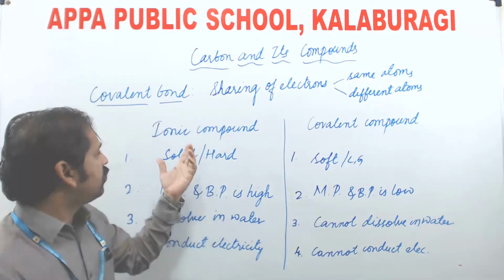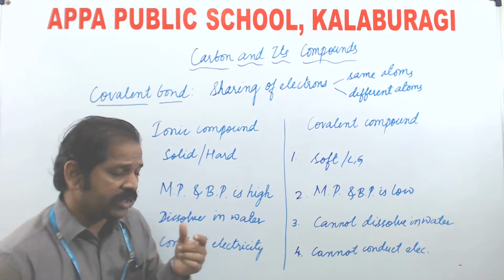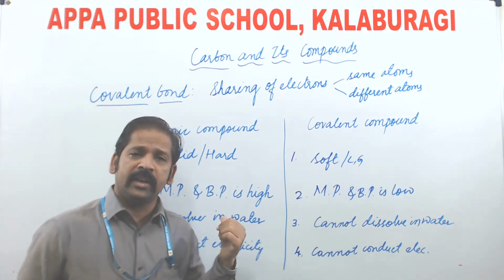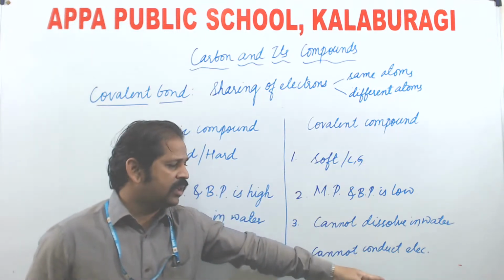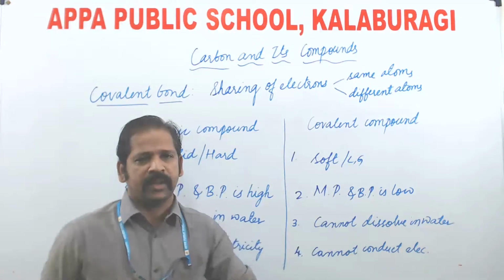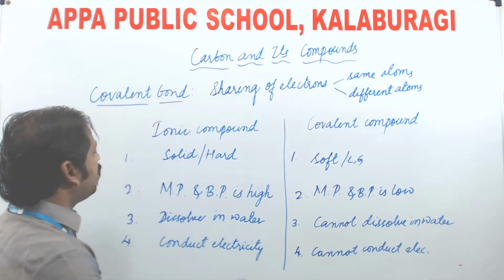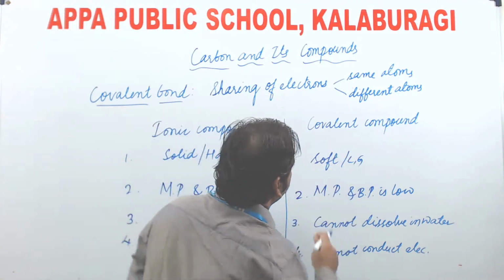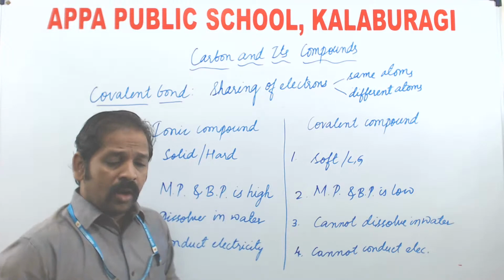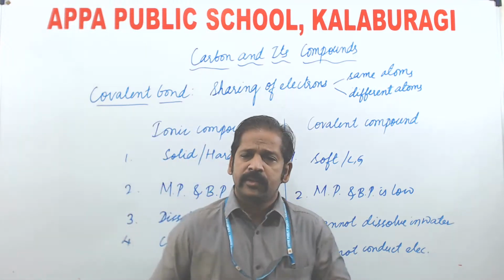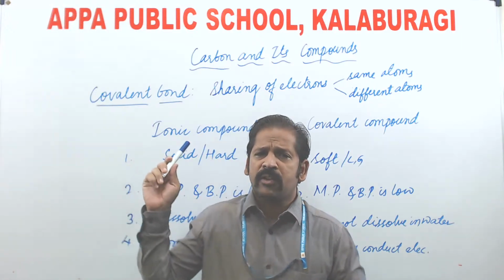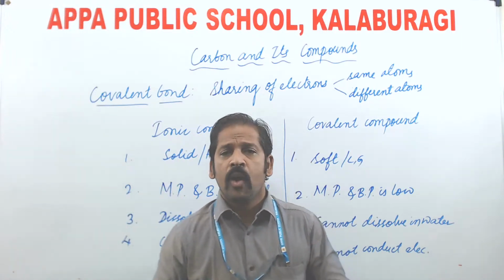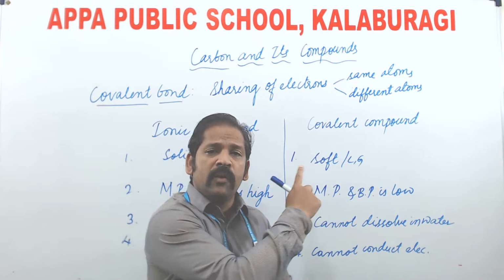Last, the fourth: ionic compounds can conduct electricity in the molten or fused state, but covalent compounds cannot conduct electricity in the fused state. Okay, these are the differences between ionic compound and covalent compound. And what about the bonds? Ionic bond is a transfer of electrons and covalent bond is sharing of electrons.